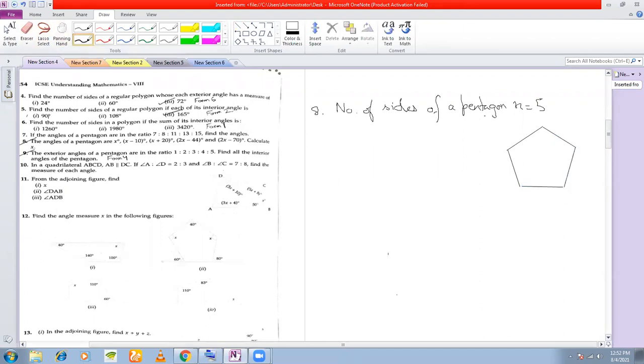Okay, this is a pentagon. We made our first triangle, then a square, then it will become a house. Can we call it a pentagon?